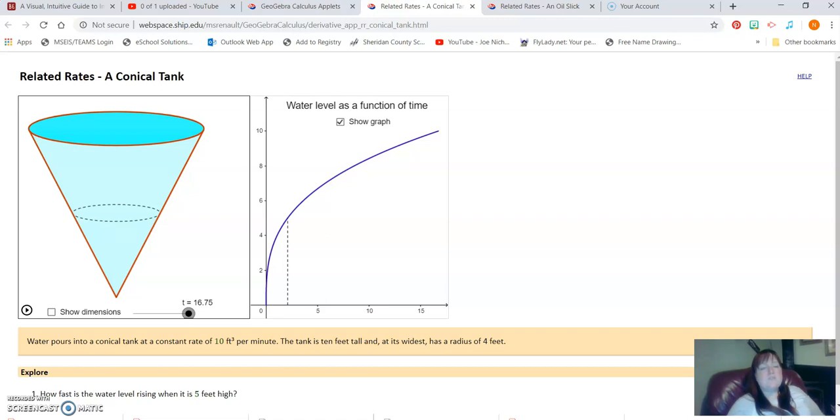So there's going to be a lot of different pieces and parts that go into this. I just want you to imagine how we would find the derivative of something like this. You might think about the fact that the equation for the volume of the cone is volume equals pi over 3 r squared h. So it's pi over 3 times the radius squared times the height.